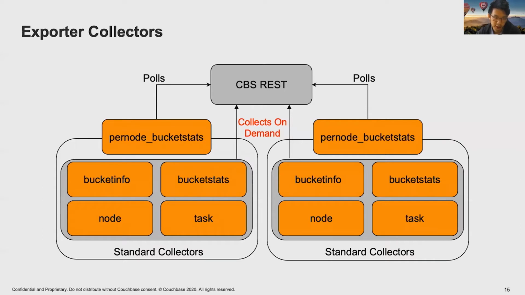What is different here is that per node bucket stats pulls the Couchbase server API, and that is for each node. So that will poll on a regular time interval, the default being 5 seconds. So that is a slightly different architecture to our standard exporter collector architecture because of the way that we collect per node statistics from each node.